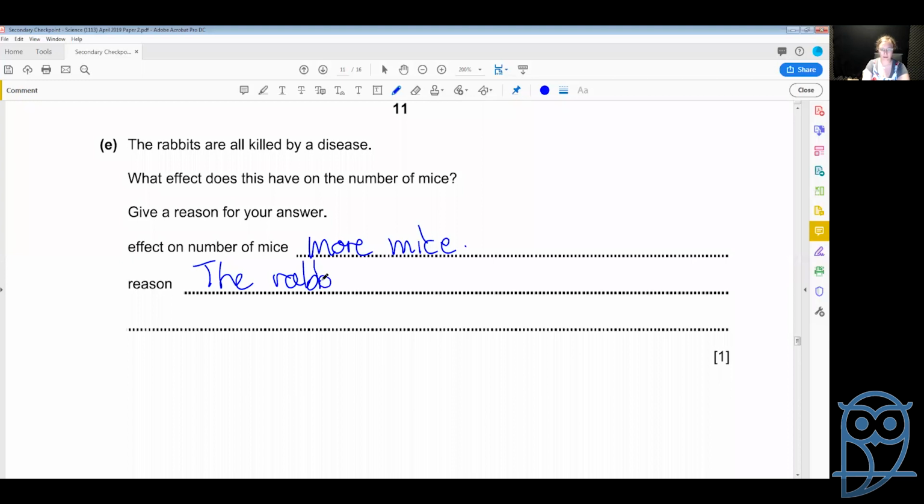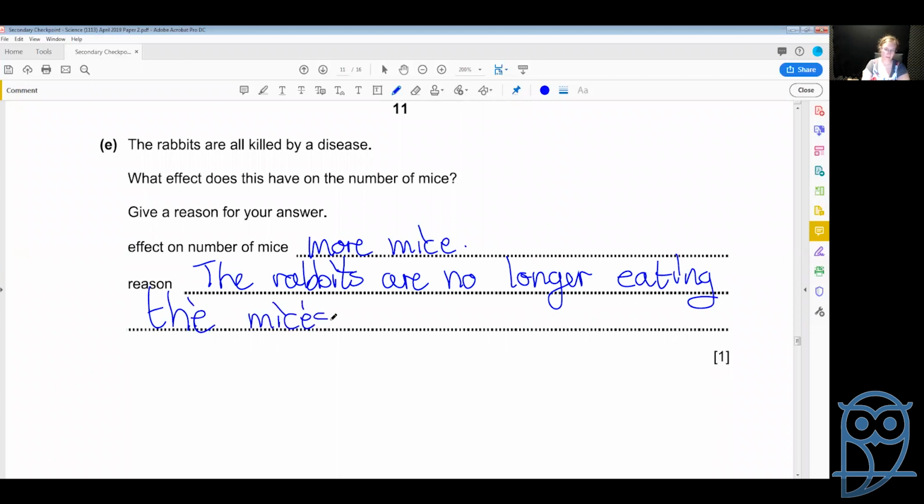So the rabbits are no longer eating the mice's food. There can be more mice.